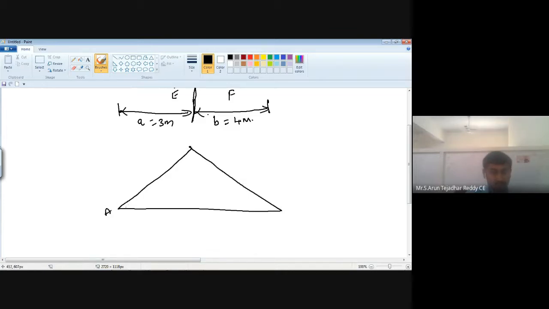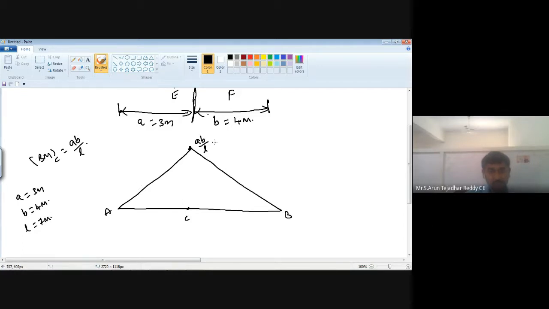The value here is AB by L, where A is equal to 3 meter, B is equal to 4 meter, L is equal to 7 meter.